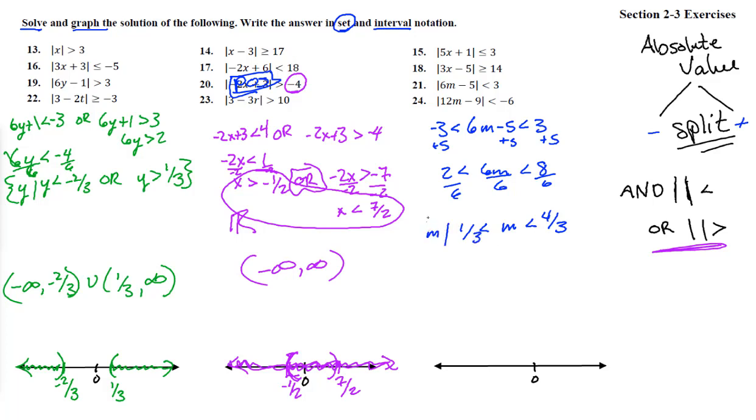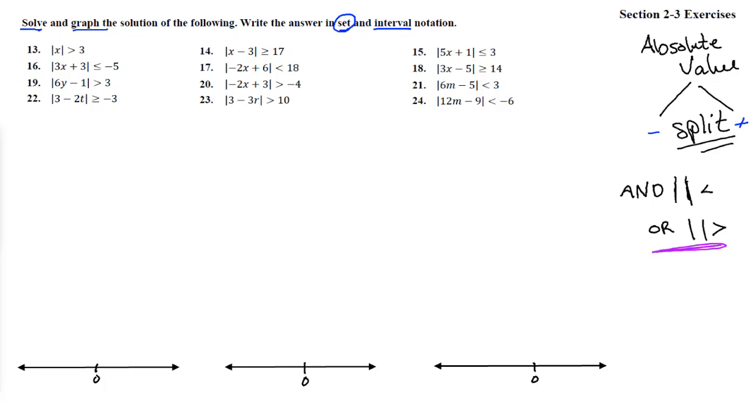And there is our set notation. So here's 1/3 here and 4/3 there, and we are in between those two. We do not include the endpoints because we're not equal to, so it will be an open parenthesis, and it's 1/3 to 4/3 parenthesis. Excellent. Number 22.